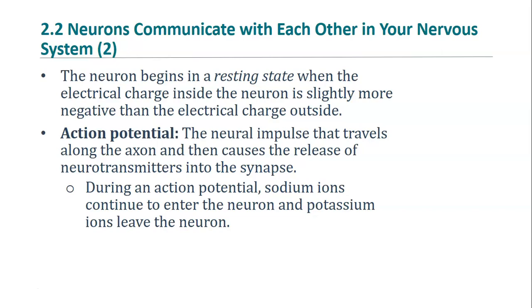During the action potential, positive ions move into the inside of the axon at a rate that changes the electrical charge so that the inside of the neuron becomes more positive than the outside. While both sodium and potassium ions are positively charged, during an action potential, far more sodium ions enter the axon than potassium ions leave.